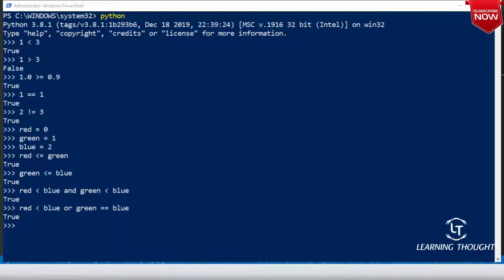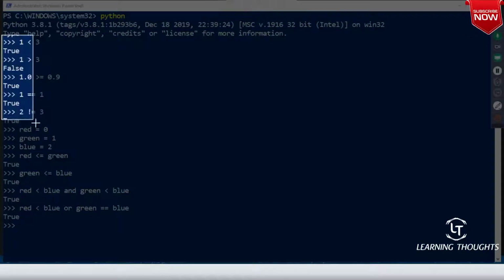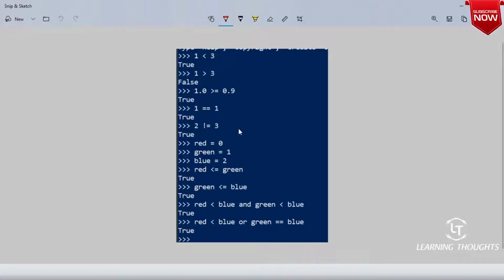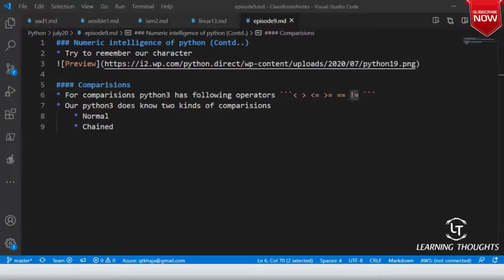So are we clear on this? These are very simple, normal comparisons. You can directly compare numbers or you can assign them variables and all of that stuff. So let me save this.